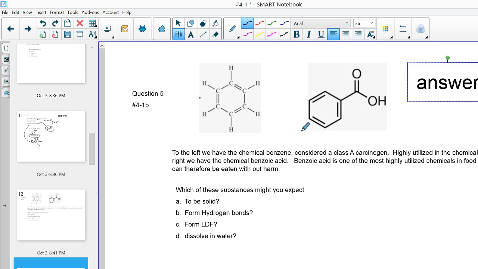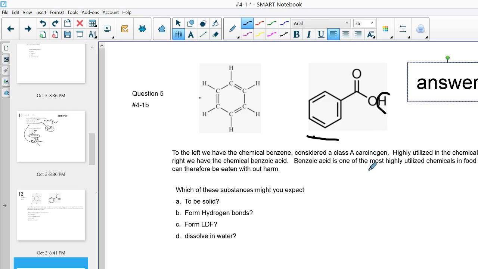So you might see a label on a food that says sodium benzoate. That's just this chemical minus the H. So it alters the pH and therefore inhibits growth via disruption of energy production by bacteria.